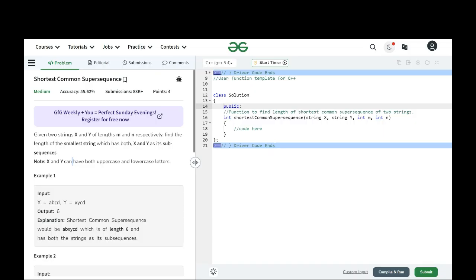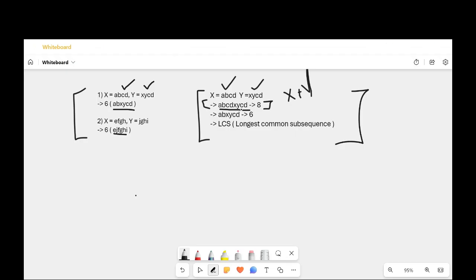But what we need to give in the answer is the shortest common supersequence that can be achieved. So we know that somewhere we have to reduce this length. This is of length 8 which I'm achieving by adding both the strings, and this is a superstring. So I have to reduce this particular length in order to get the shortest common supersequence. For example, we have abcd and xycd.